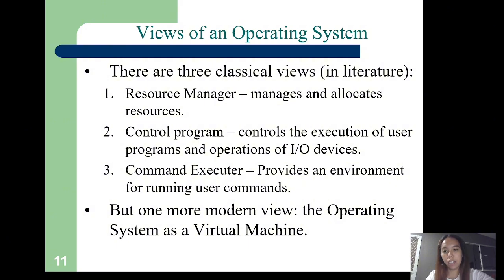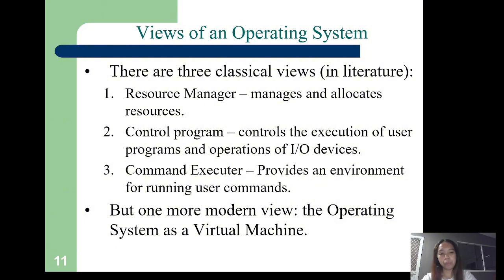Number one, the resource manager, which manages and allocates resources. The OS acts as a resource manager responsible for managing and allocating system resources like the CPU, memory, storage, and I/O devices to the various running programs, also known as processes. The goal is to ensure fairness and efficiency in resource allocation so that the system runs smoothly and efficiently.